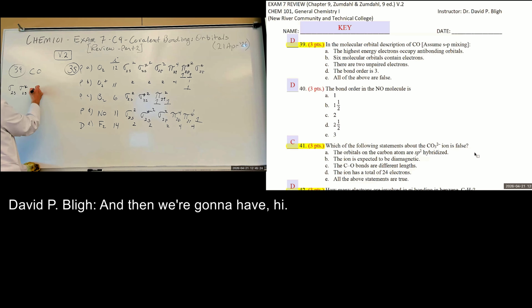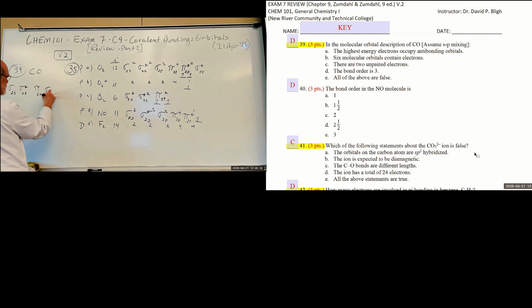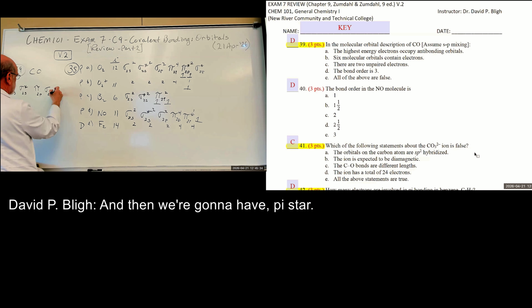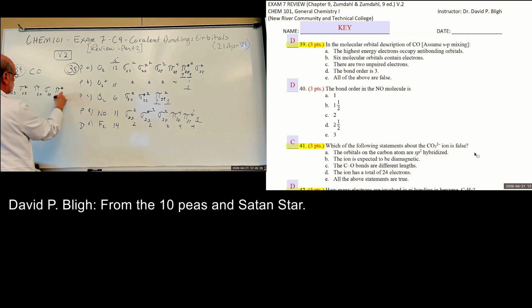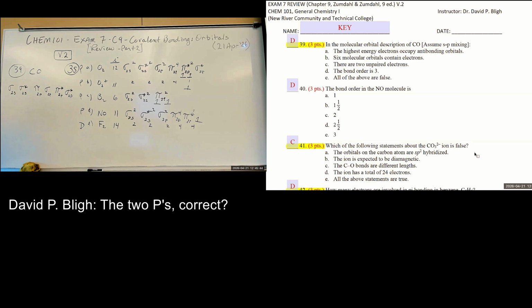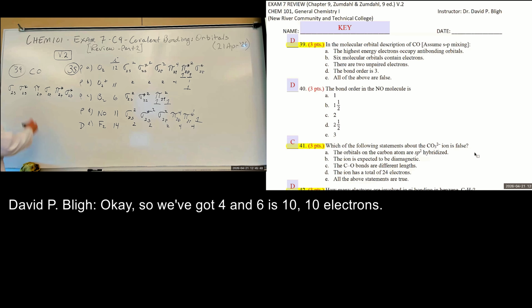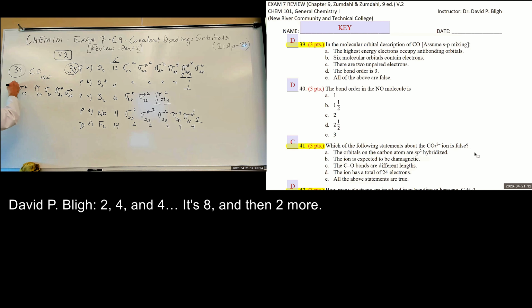And then we're going to have pi and sigma for the p's. And then we're going to have pi star from the 2p's and sigma star, the 2p's, correct? If we were not mixing, it'd be like that. Okay, so we've got 4 and 6 is 10 electrons. 2, 4, and 4 is 8, and then 2 more.